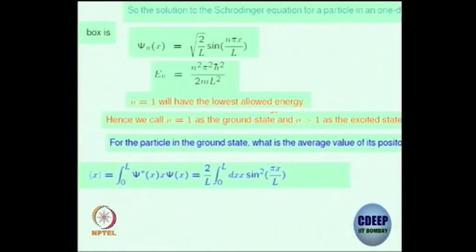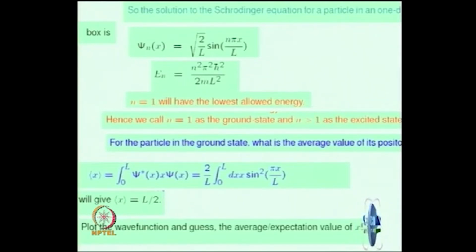Formally it is psi star, the operator x, psi, evaluated. These integrations you can do and verify that the average value of the position is L by 2. And you can also plot wave functions. It's a sine function. You can plot the expectation value of x and so on.